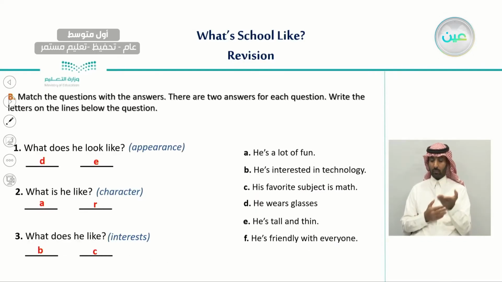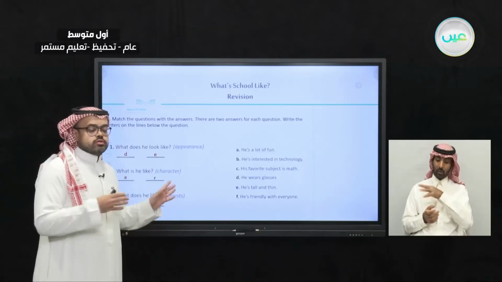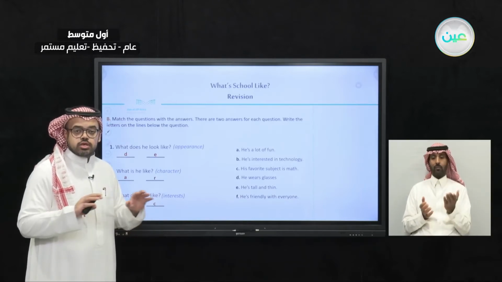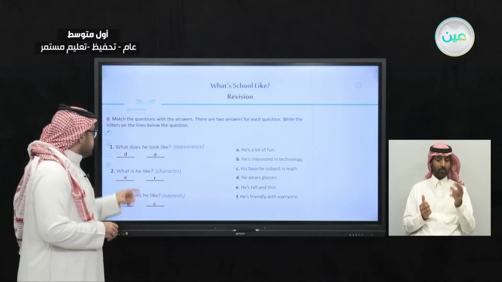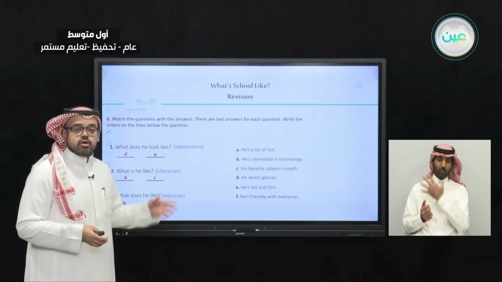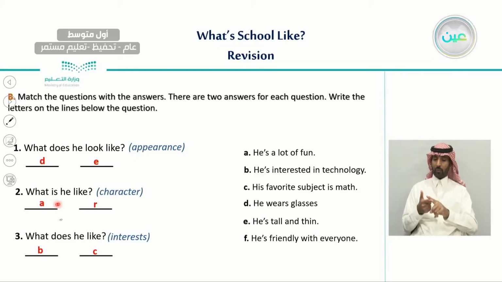The other exercise we had last time is to answer those 3 questions. We said that although these questions may seem similar, they have different meanings. For example, the first one, what does he look like? This question is looking for an answer that relates to appearance. The second one, what is he like?